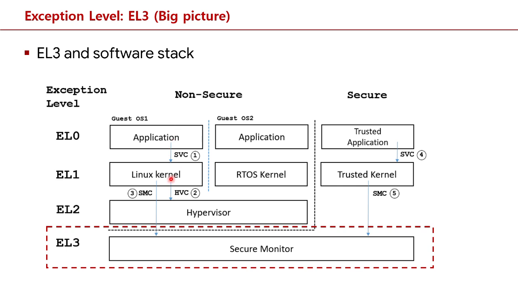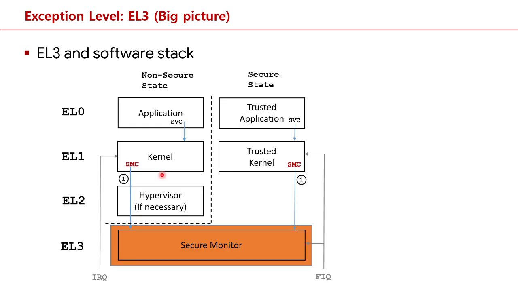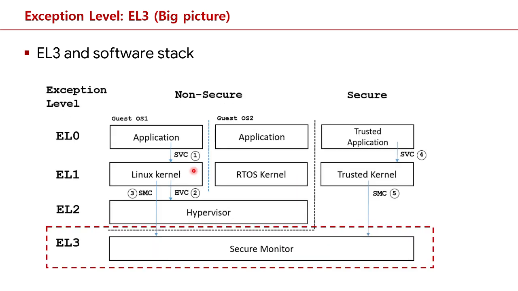In this case, the Linux kernel at exception level 1 in each guest OS can perform the SMC assembly instruction. Just like in this architecture diagram, it moves the control to exception level 3 from exception level 1, and then it will enter the secure world.